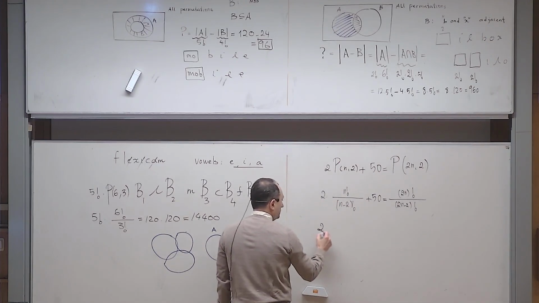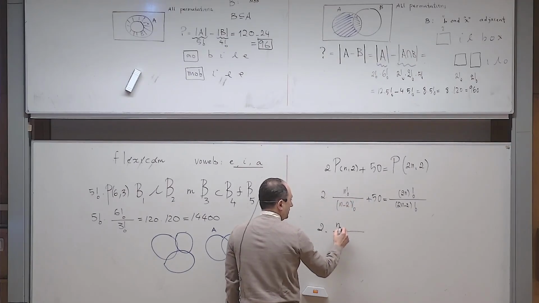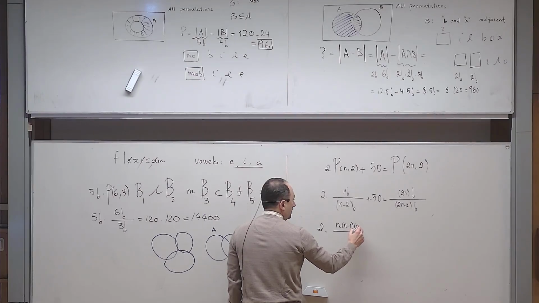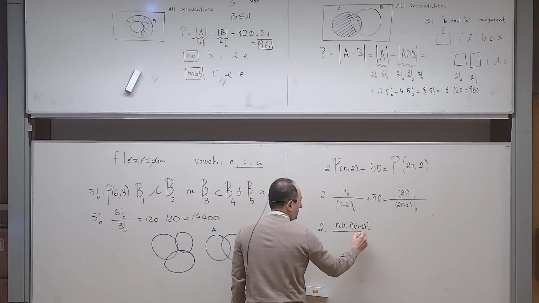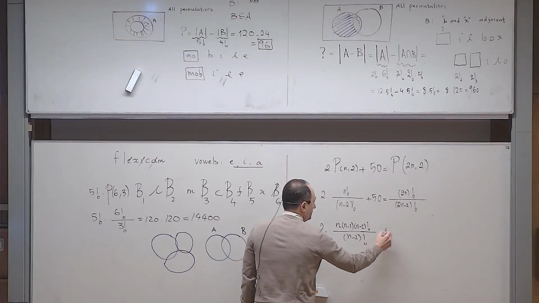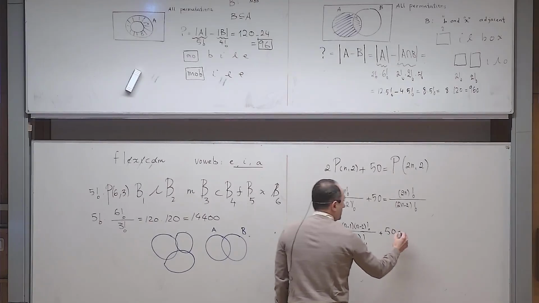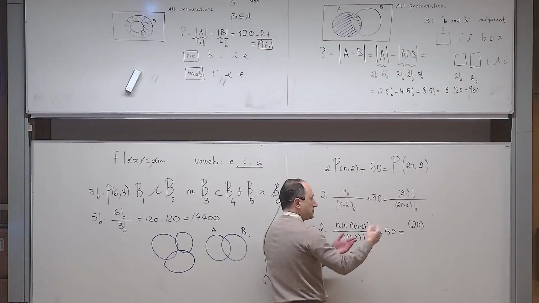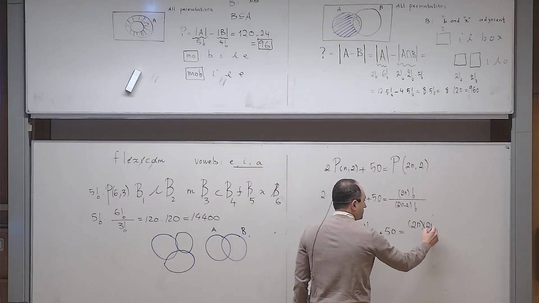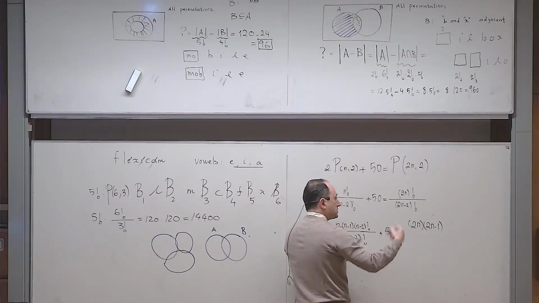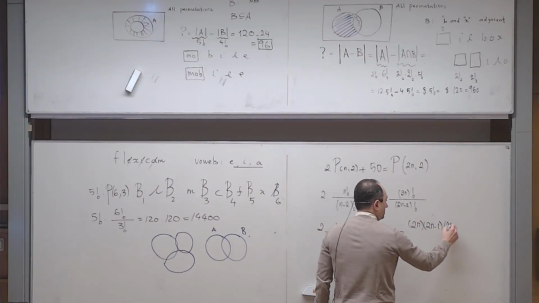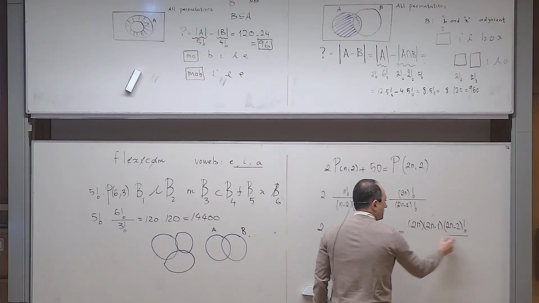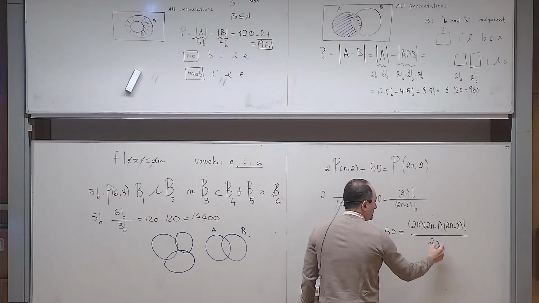So I write 2 times, instead of n factorial, n times n minus 1 times n minus 2 factorial, divided by n minus 2 factorial. Then I have 50 here. On the right hand side, I can write it as 2n times the previous number, which is 2n minus 1, times the previous number factorial, and then divided by 2n minus 2 factorial.